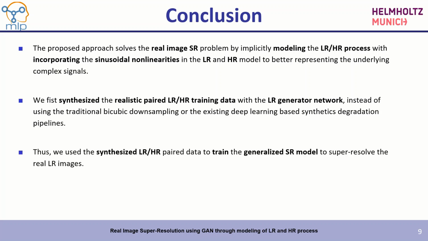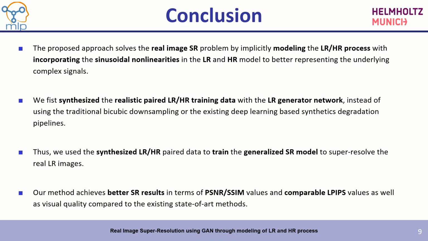Then we use this paired LR and HR data to train a more generalized SR model to super resolve the LR images. Our method achieves better SR results in terms of PSNR and SSIM values and comparable LPIPS values as well. And we also have good visual quality compared to the other existing methods.